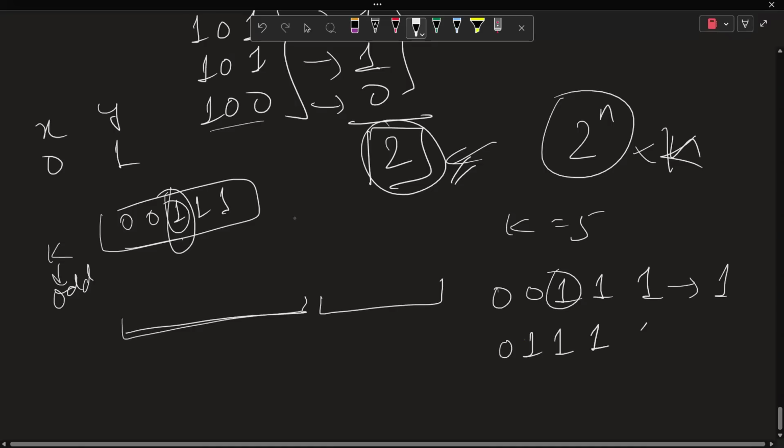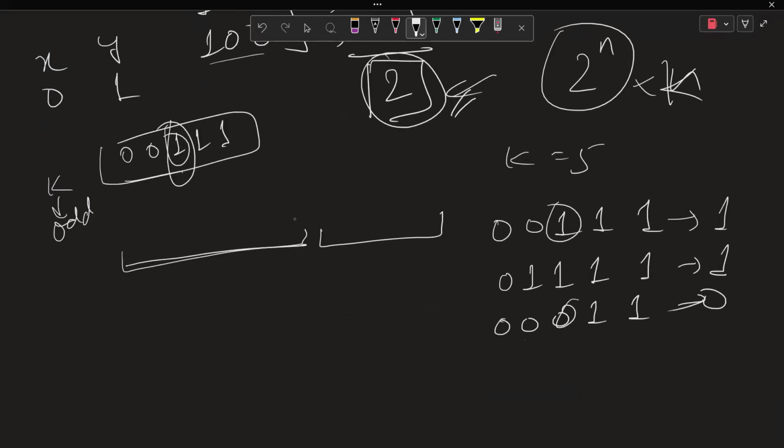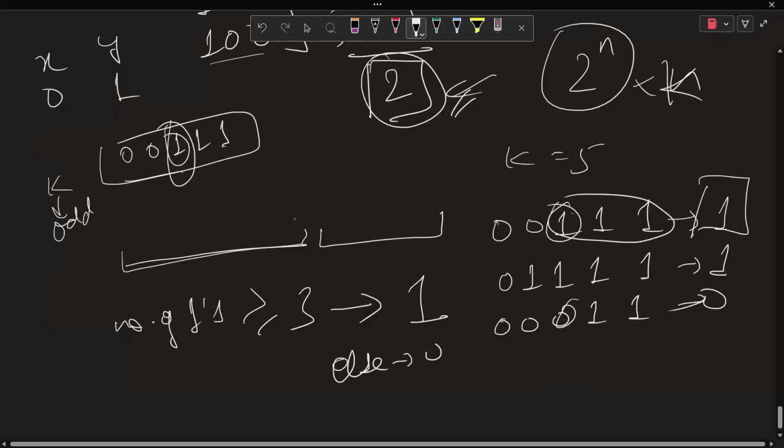If you have more ones, still it would be 1. But if you have three zeros and two ones, its median would be 0. So if you have at least three ones, its median would be 1. If the number of ones is greater than or equal to 3, the median would be 1, else the median would be 0.